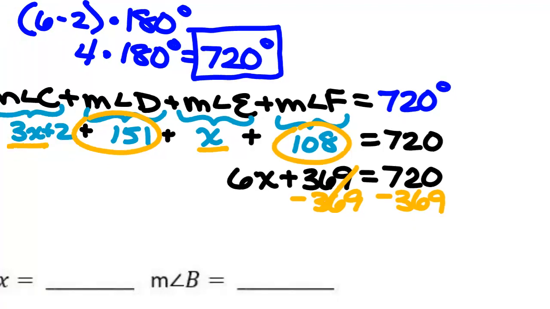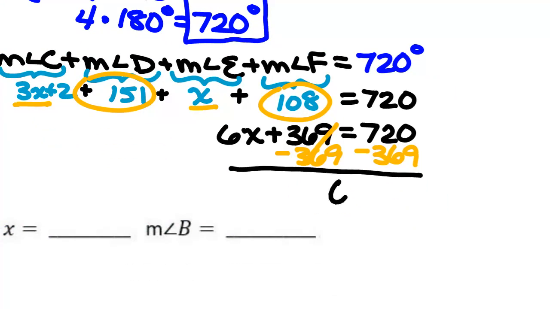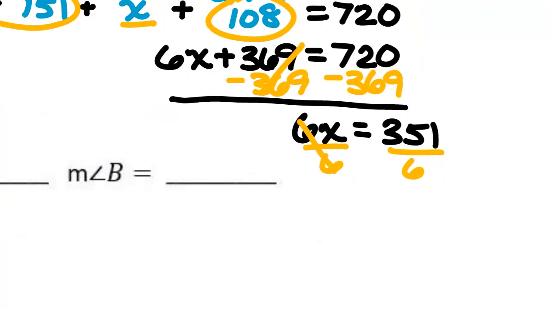What is 720 minus 369? 351. And we divide both sides by 6. We get a decimal, but it's not too bad. What do we get for x? 58.5.